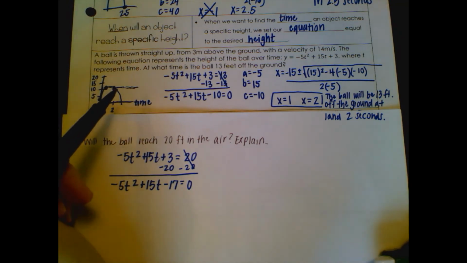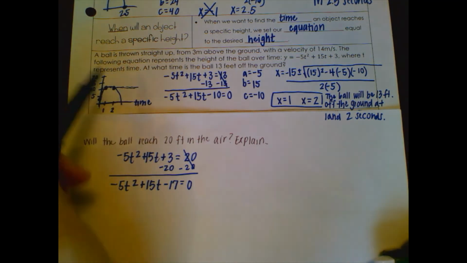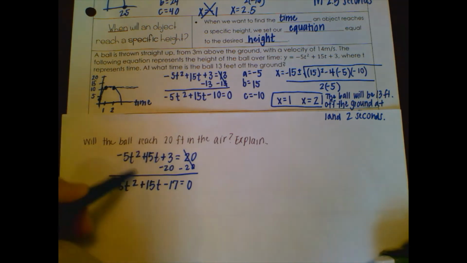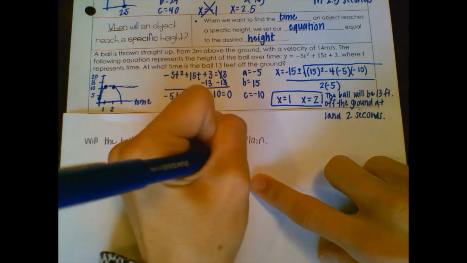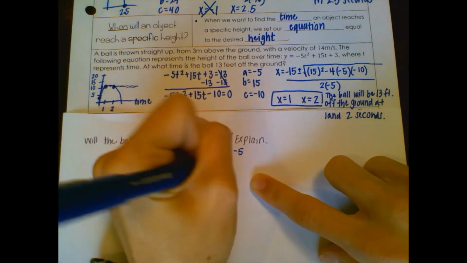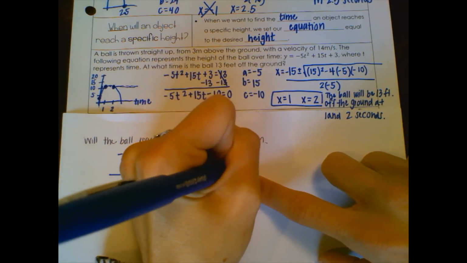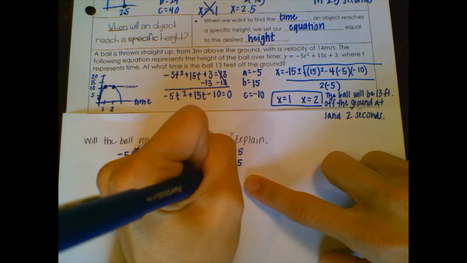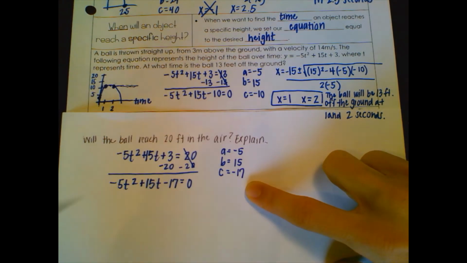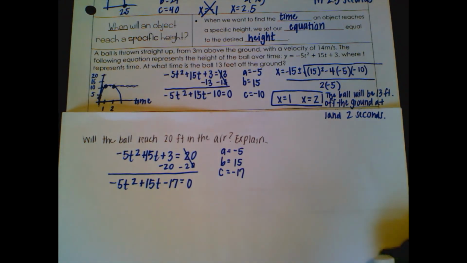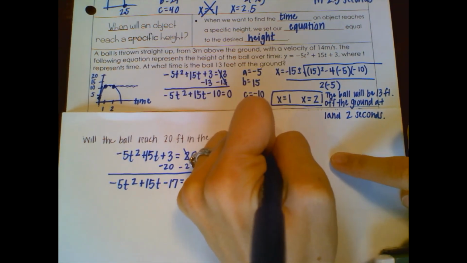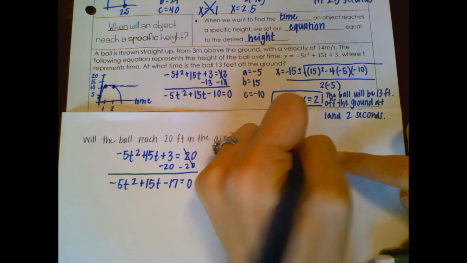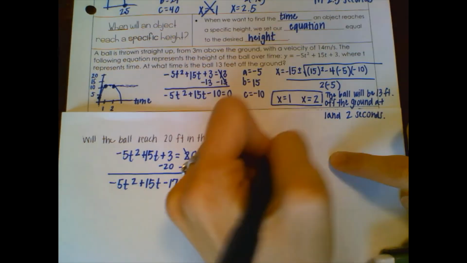So to reach 20 feet in the air, the best way I would do this is let's find the discriminant first to see how many solutions this quadratic will have. So I'm going to find my a, b, and c. My a is -5, my b is 15, and my c is -17. So my discriminant is b squared minus 4ac.